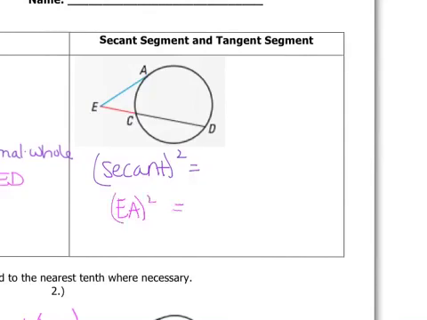That is equal to the external part times the whole again. So the external part, EC, times the whole thing, ED. So the secant segment squared equals the outside times the whole.